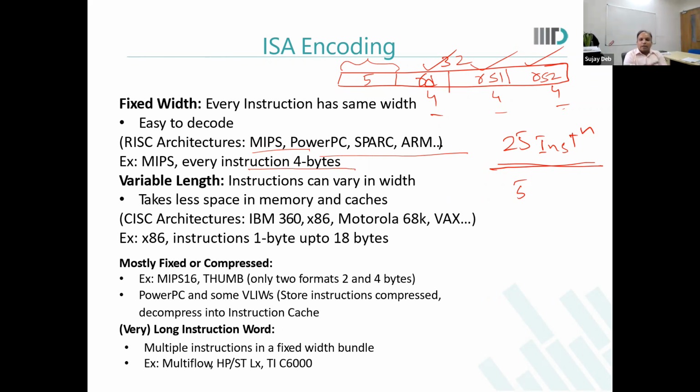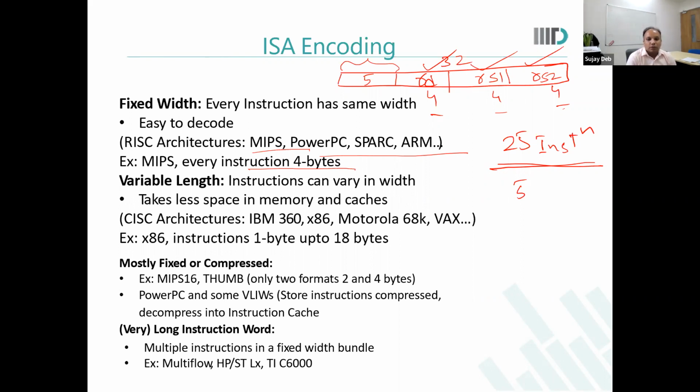Now there are ISAs which allow variable length, variable width instructions. There are advantages also. Let's say I'm trying to design an ISA, and I know that for the kind of application this ISA will be dealing with, one specific instruction is very frequently used.